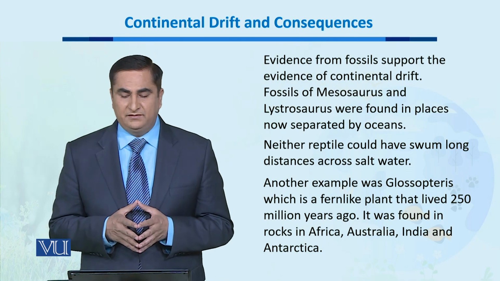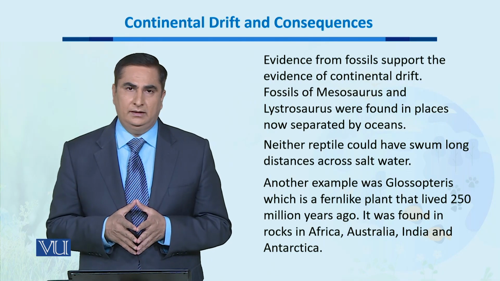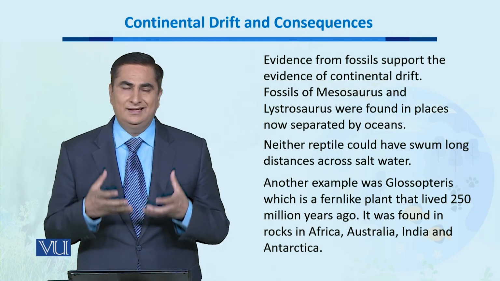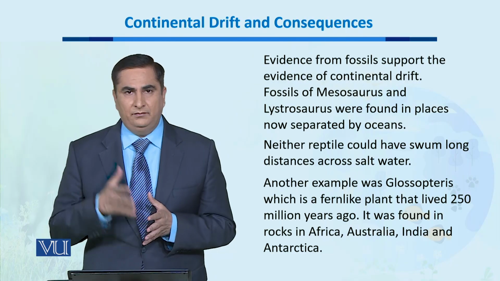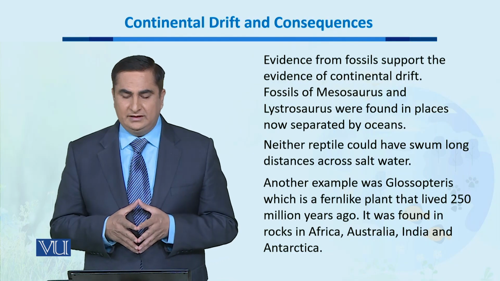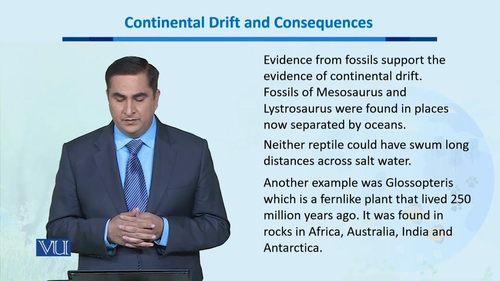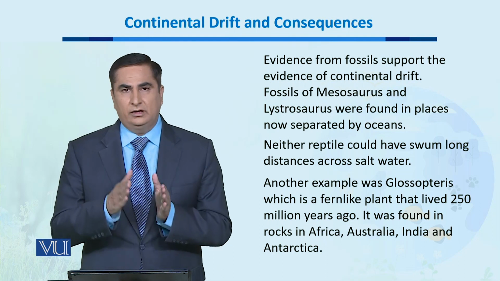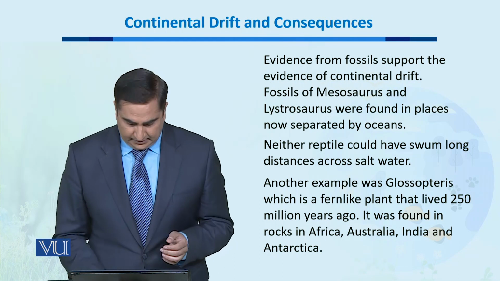Neither reptile could have swum long distances across salt water, so it strongly supports the continental drift theory. Another example we have discussed is Glossopteris, a fern-like plant that lived 250 million years ago. It was found in rocks in Africa, Australia, India, and Antarctica.